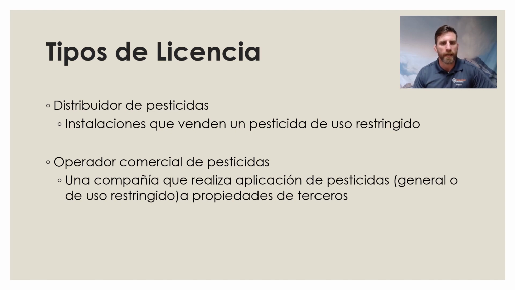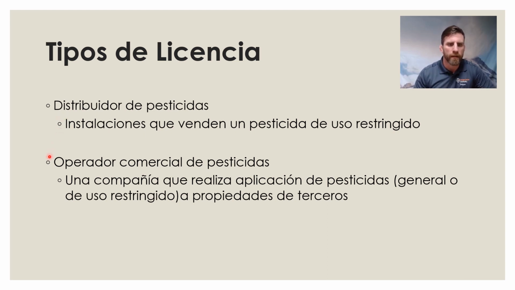Okay, so license types, the first two here are the pesticide dealer and the commercial pesticide operator. So a pesticide dealer is a facility that sells a restricted use pesticide. So anybody selling a restricted use pesticide has to have a special license for that.